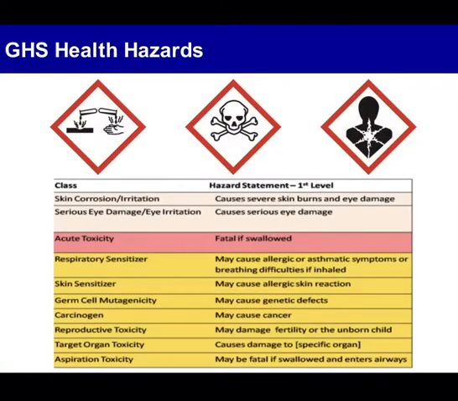Health hazard classes in the globally harmonized system include corrosive or burn hazards to skin and eyes, irritation hazards to skin and eyes, toxic substances, which may be harmful or fatal if ingested, inhaled, or absorbed, and substances which may cause cancer, organ damage, allergic reactions, or other health damage.